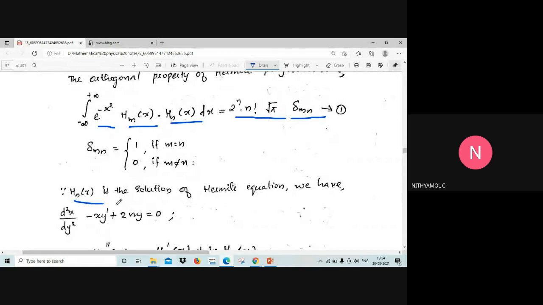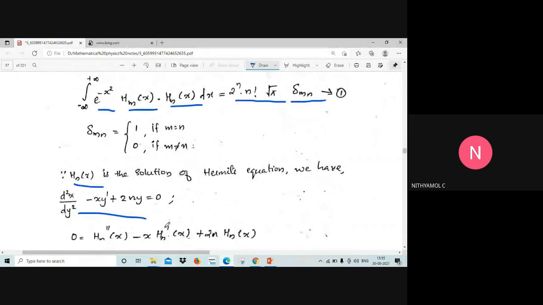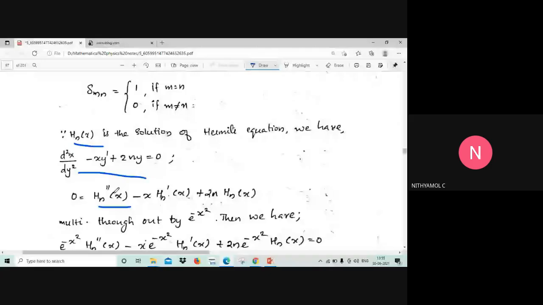The Hermite equation is d square y by dx square minus 2x y prime plus 2ny is equal to 0. That is, h double prime x minus 2x h prime x plus 2n hn x equal to 0.